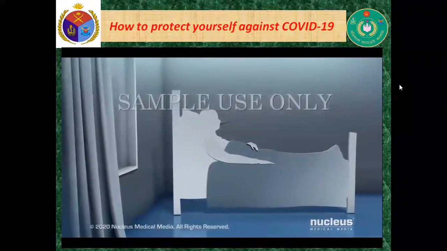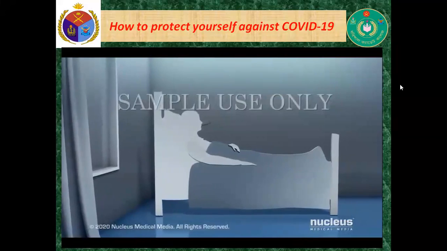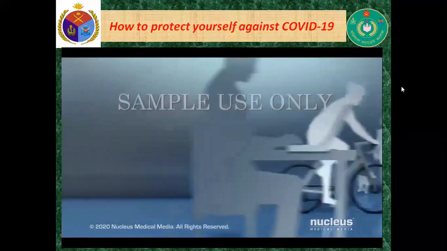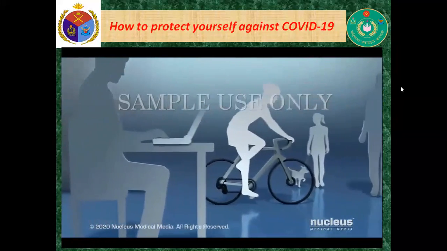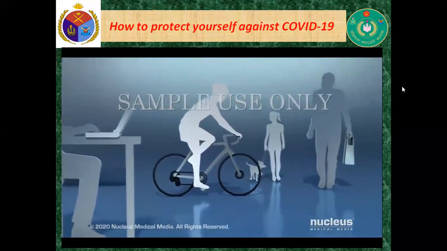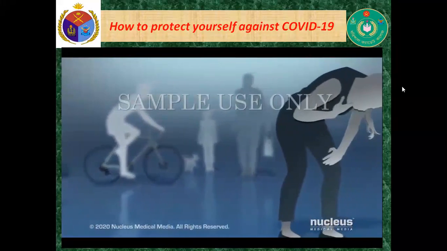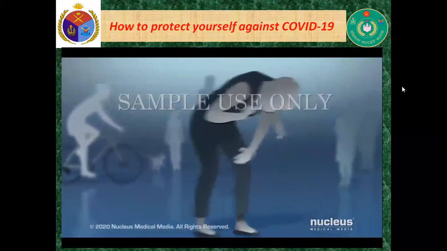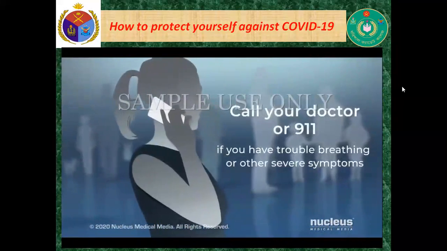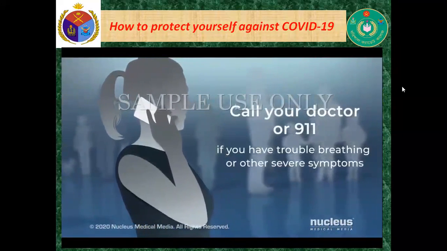Most people have a mild illness and can recover at home. Some people who have the virus may not get sick at all or may show no symptoms. But if you have trouble breathing or any other symptoms that are severe, call your doctor or the emergency room. They will tell you what to do.